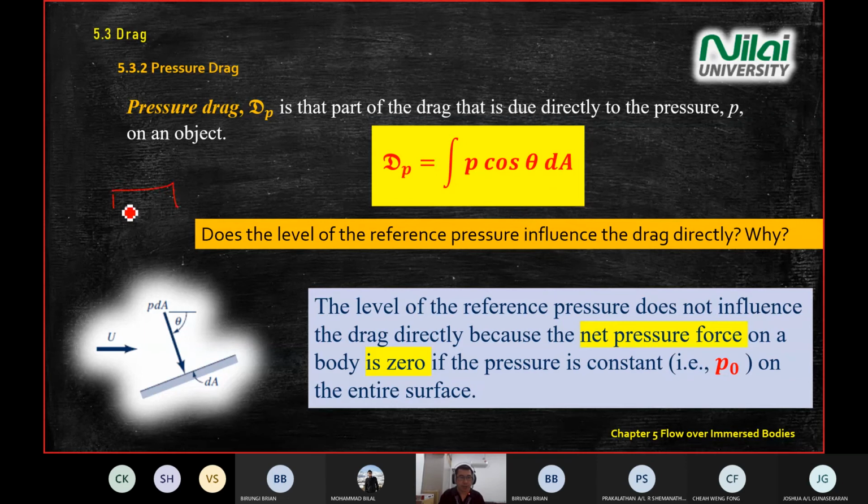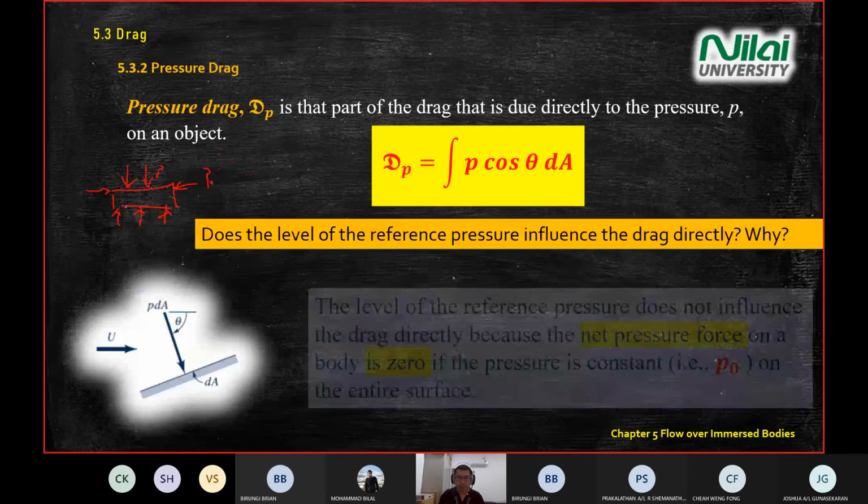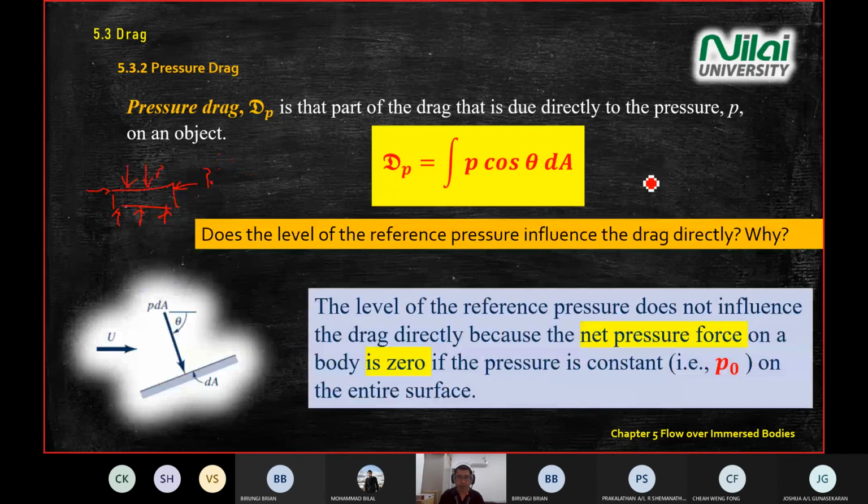If you have a body and you want to find the pressure drag on it, this body is exposed to atmospheric pressure, our reference pressure P0, and a P here. So the answer will be 0, because in the pressure coefficient equation this magnitude is 0. So you don't have the pressure on that one.